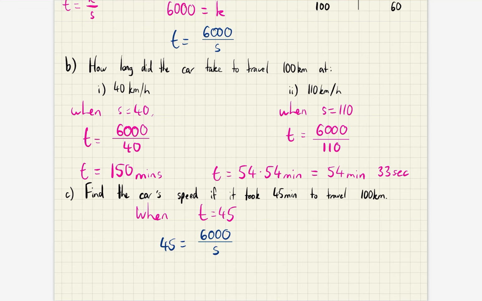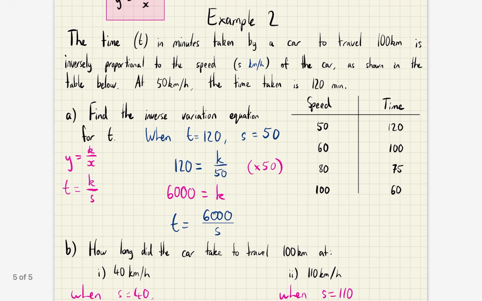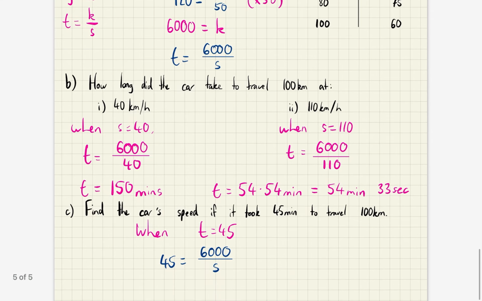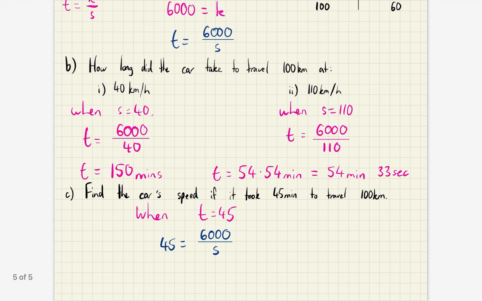And the reason why we can put that straight in is because we're looking at 100 kilometers, and you'll see up here it's referring to 100 kilometers, and then here 100 kilometers, here it's 100 kilometers. So that's why it always will work for this situation.